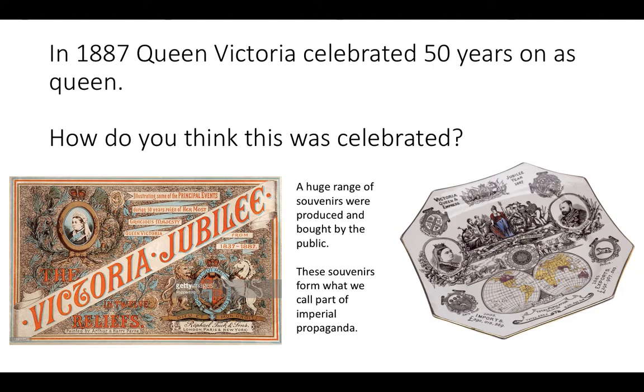So a huge range of souvenirs were produced and bought by the public. These souvenirs form what we call part of imperial propaganda. Now, this is just like your favourite football team. Let's say your favourite football team is Chelsea. If you go to Stamford Bridge or if you go to any sports shop around the country, you will be able to buy a vast array of different pieces of memorabilia.